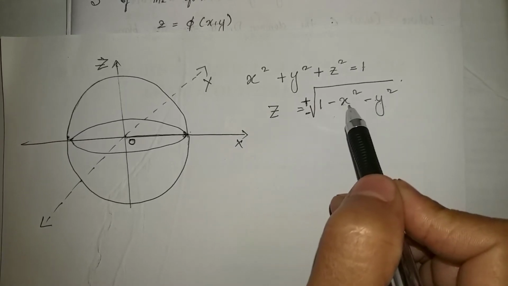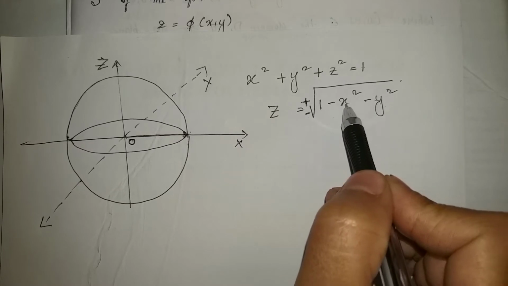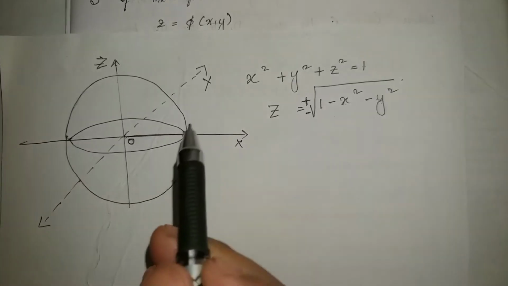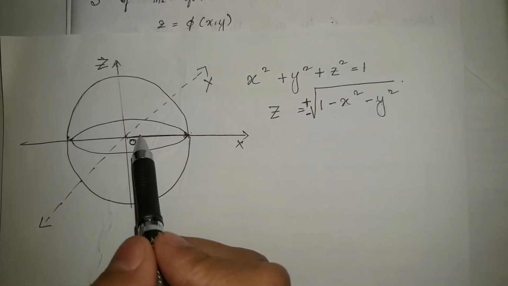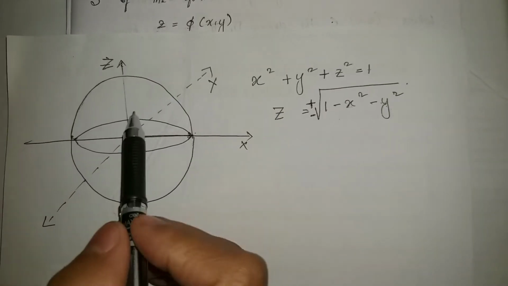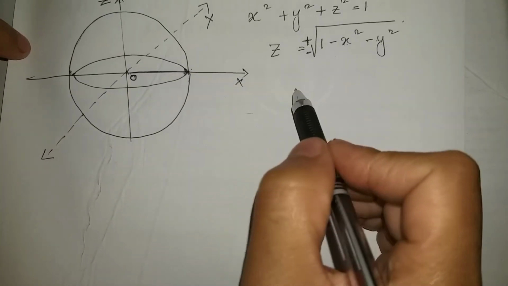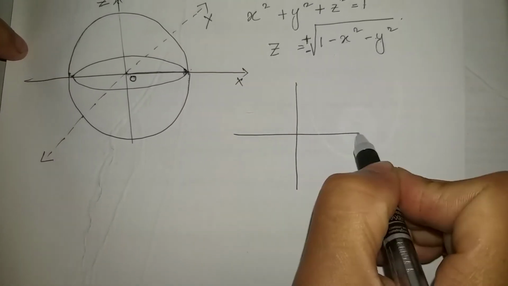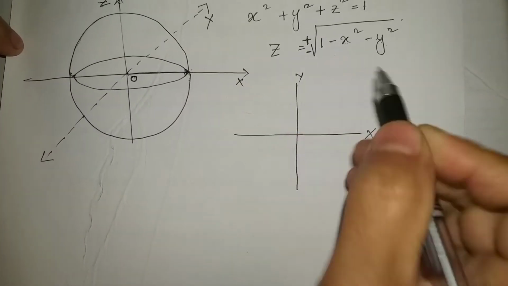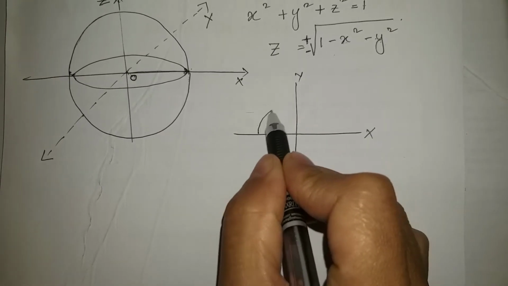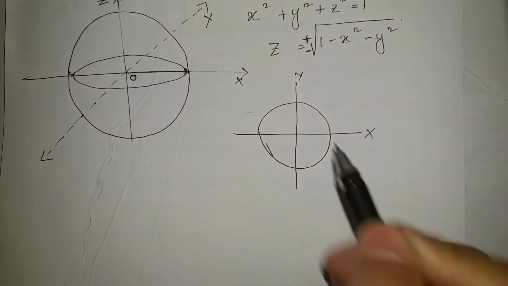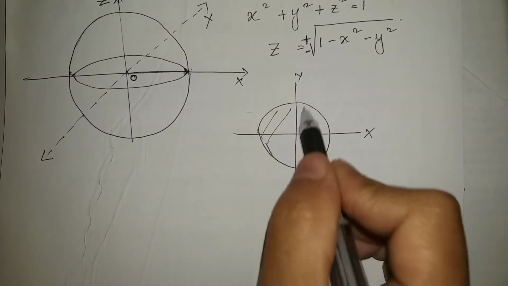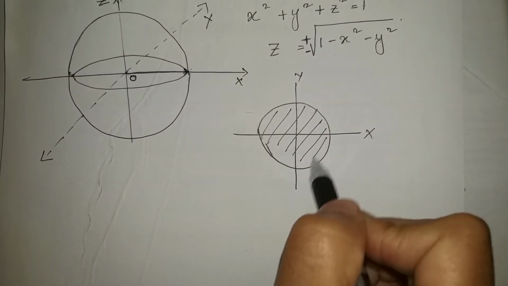What will be the domain of x and y? If we project the sphere on the xy plane, suppose this is an xy plane, we'll get a unit circle or a disk.